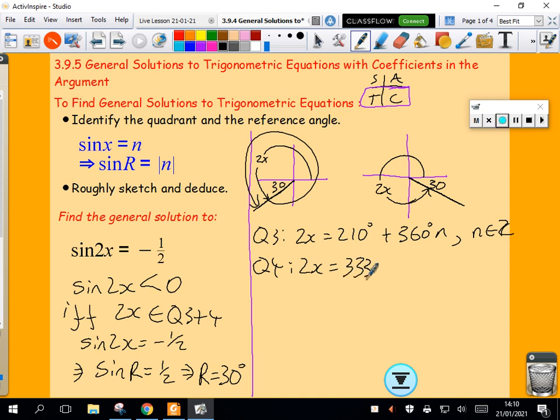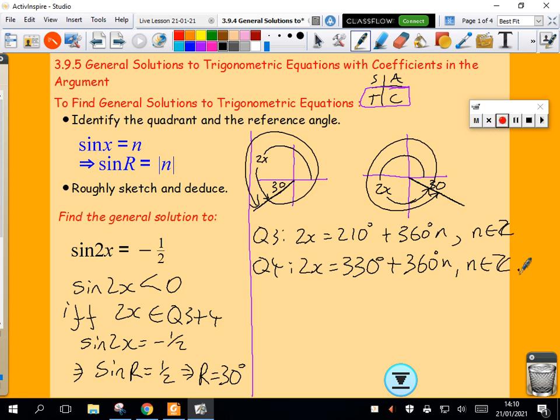Well, that's 330 degrees. Apologies, I was writing the wrong number down there. 330 degrees. But again, if I add any multiple of a full circle, I'm back to the same terminal side. So 360 degrees times n, where n is an integer.